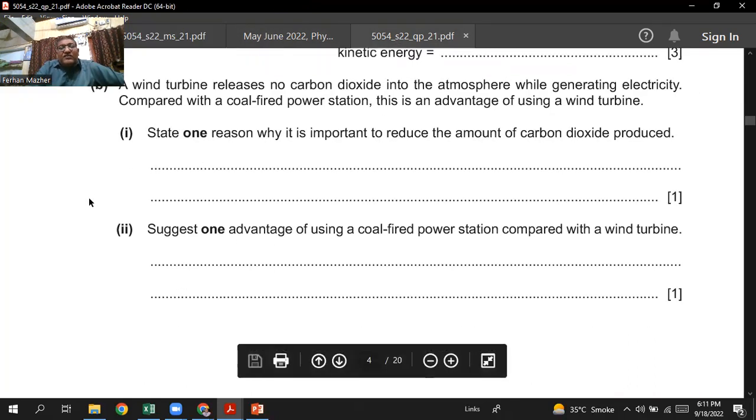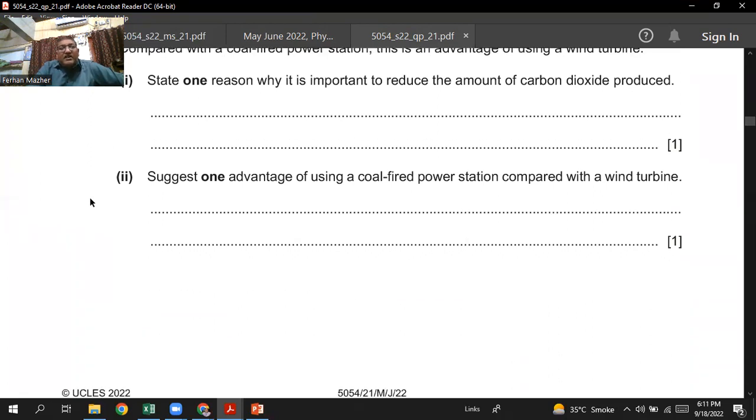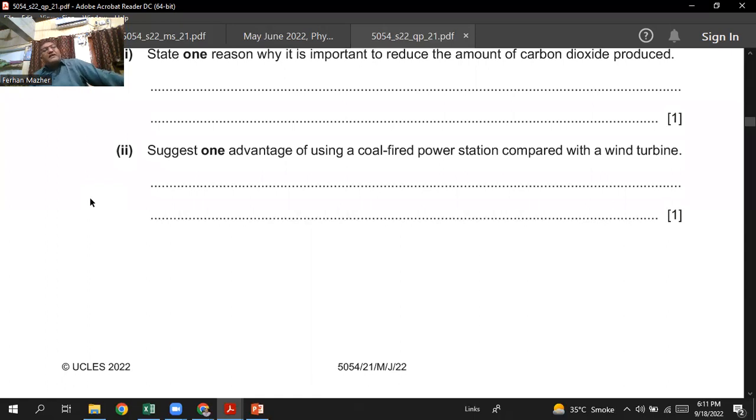Then the question is, suggest one advantage of using a coal-fired power station compared with a wind turbine. With the wind turbine, the problem is that the wind does not remain the same throughout the day, week, month, and year. The speed and amount of wind changes with the season.